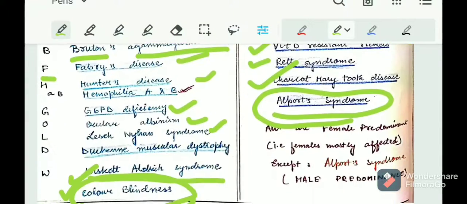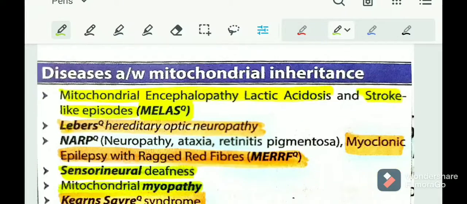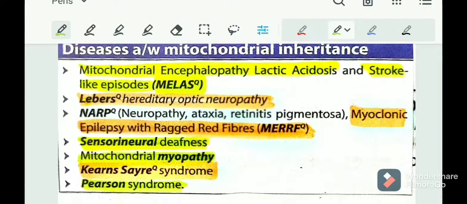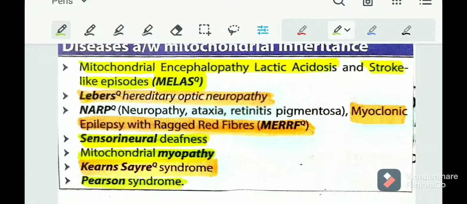Now let's see another category, that is the mitochondrial inheritance. These diseases are also very important. Just know the names, that these are associated with mitochondrial inheritance, that is from mother to all the children, right? So one example is MELAS.